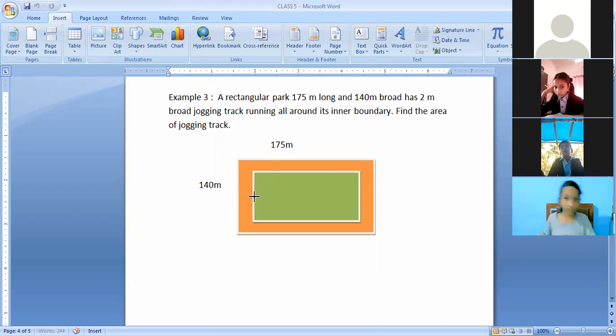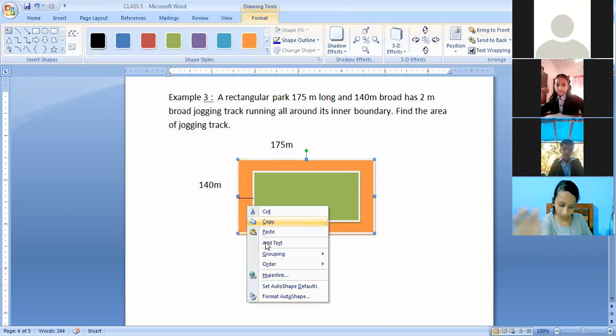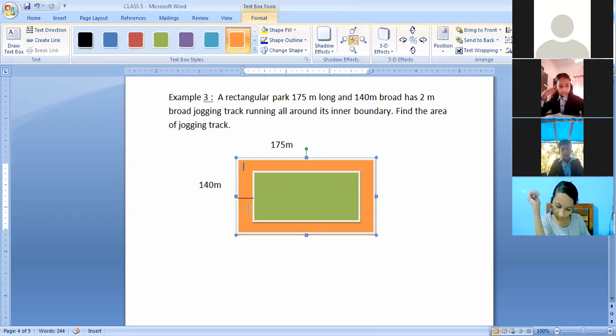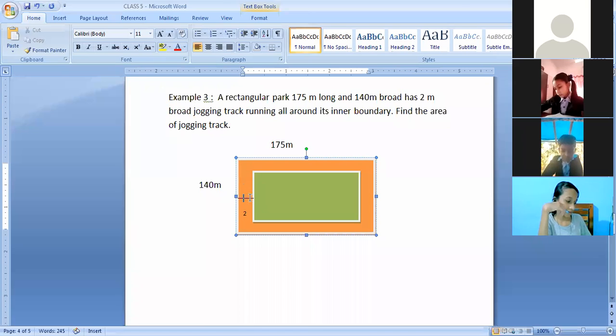I'm sorry, path. You know the breadth of the path? Yes. What is it? 2 meter. 2 meter is the breadth.